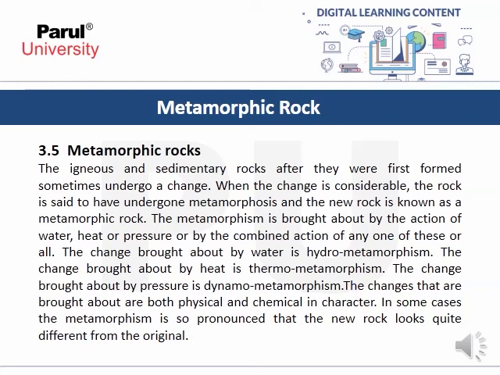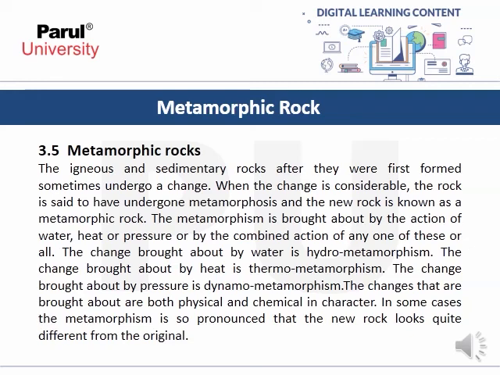The change brought about by water is hydrometamorphism. The change brought about by heat is thermometamorphism. The change brought about by pressure is dynamometamorphism. The changes that are brought about are both physical and chemical in character.